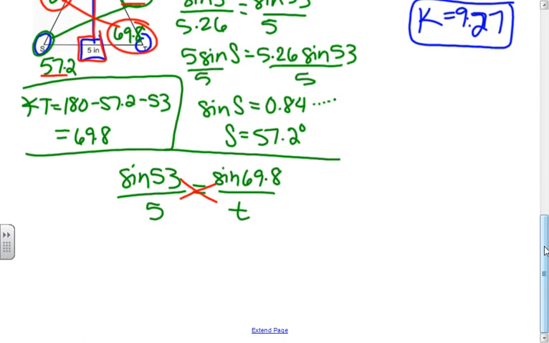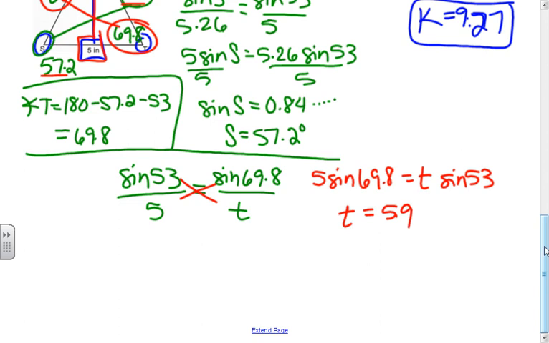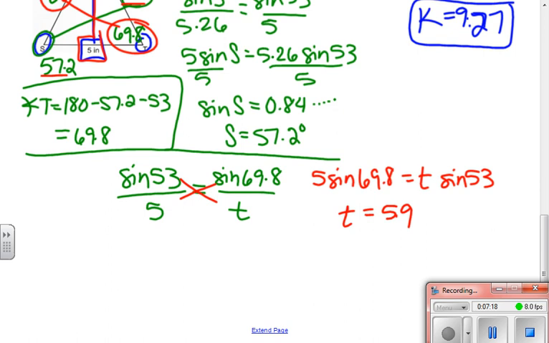Cross multiply, I have 5 sine 69.8 equal to t sine of 53, divide by the sine of 53, and t ends up being 5.9. So get your pairings, set up opposite each other, and cross multiply. Try the check problems and tune in for part 2.